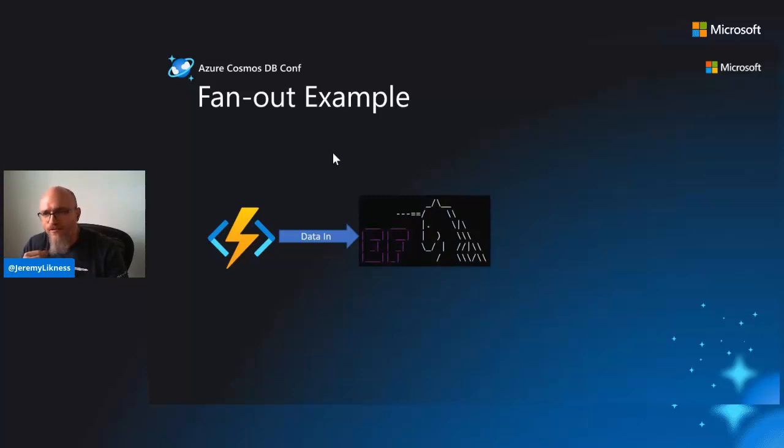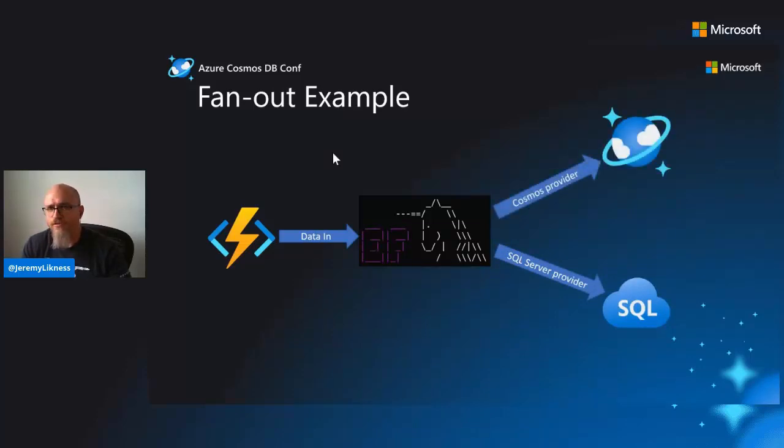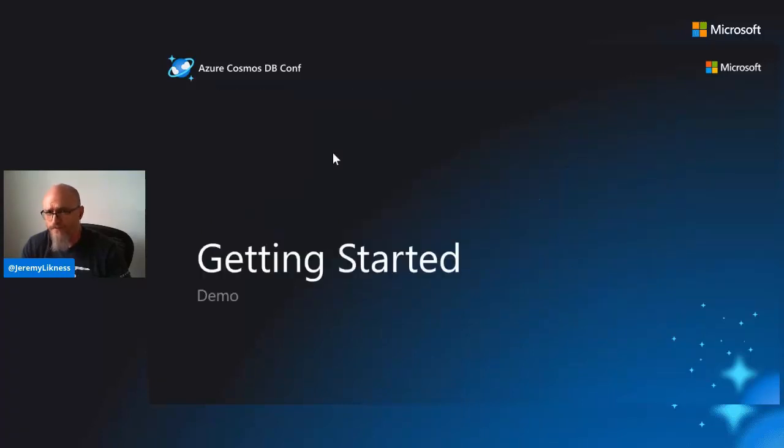What's nice about Entity Framework Core is you can model the data in one way and persist it in multiple ways. So using that same snapshot of data, they're able to write it to an Azure SQL Server as well as an Azure Cosmos DB provider. And what they're looking to do is process the data in different ways based on those work streams, but EF Core helps simplify that process for it.